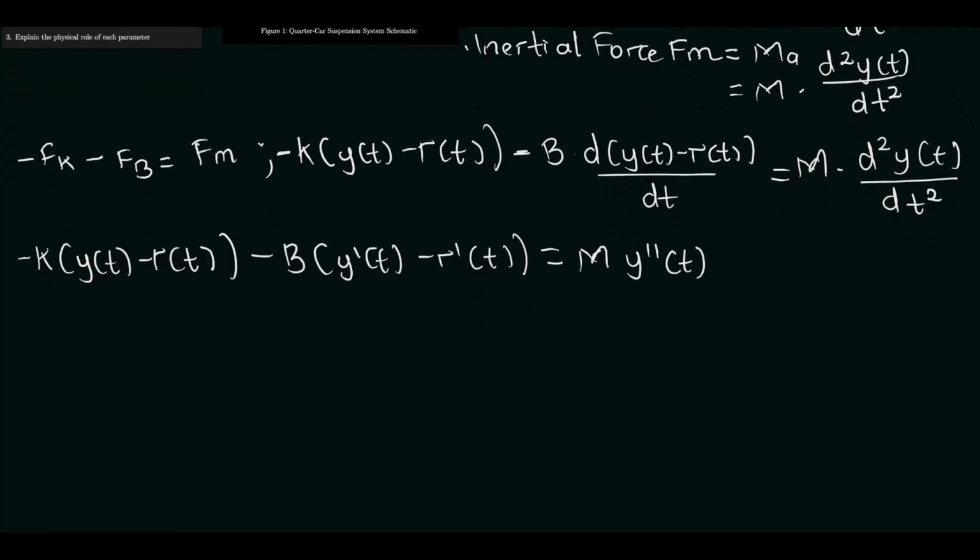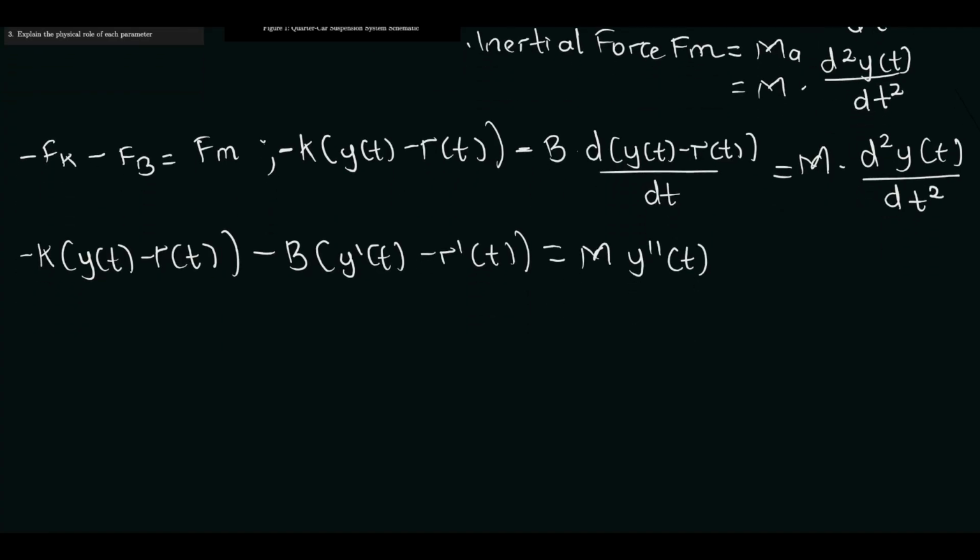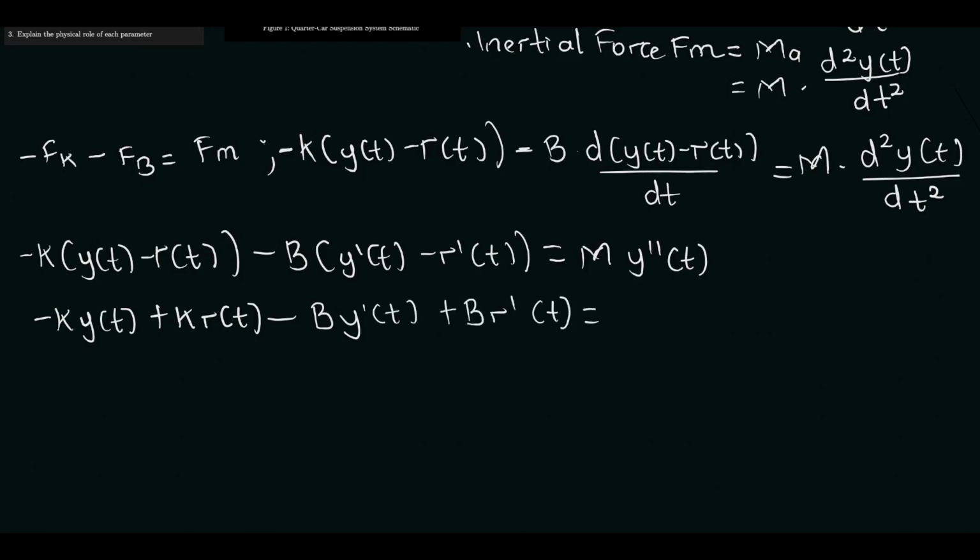So rearranging the equation, you have your M y double prime minus K y(t) plus K r(t) minus B y prime plus B r prime.